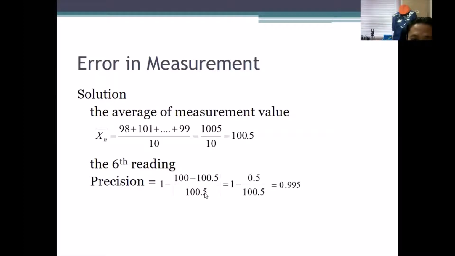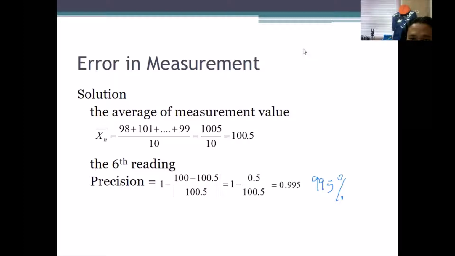To get it in percentage, you multiply by 100, so the precision of the sixth reading will be 99.5 percent.